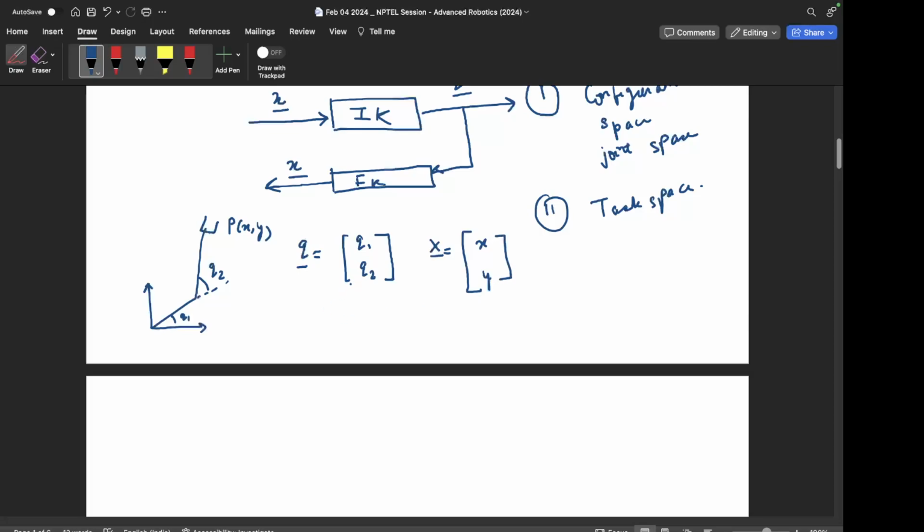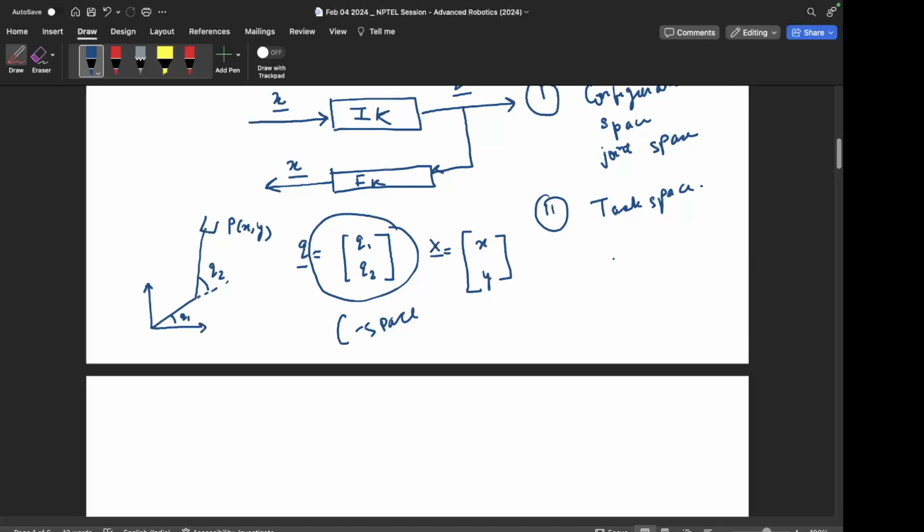So the configuration of the manipulator is fully specified by these two coordinates, and the space spanned by these two joint coordinates is called the configuration space, or the C space, right?